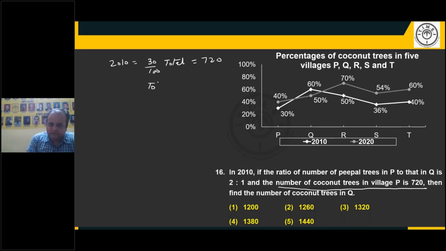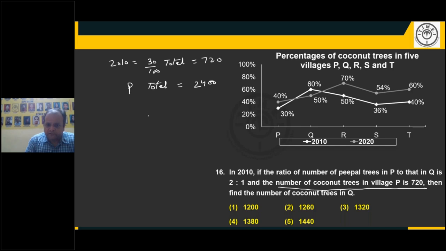So the total trees for village P we can find out: 2400. So P's total is 2400. All right. If P's total is 2400, similarly we can also find out Q's total.